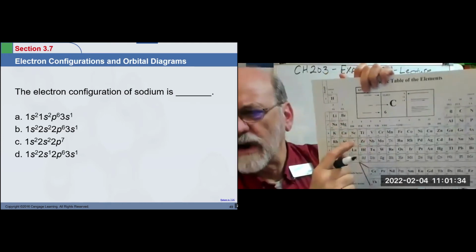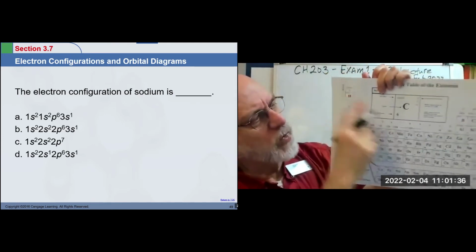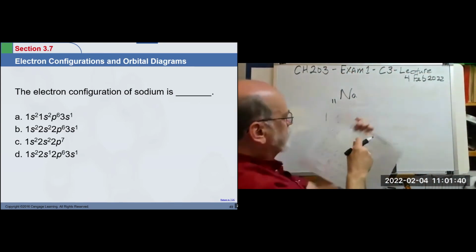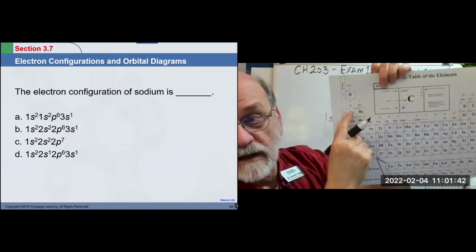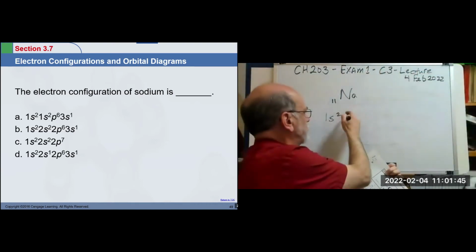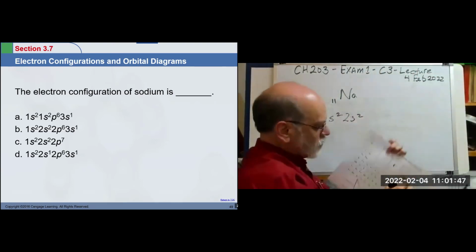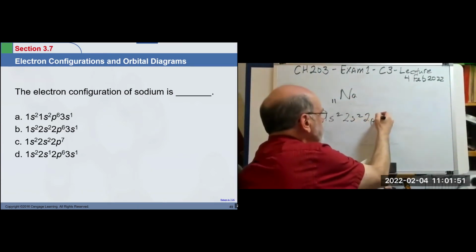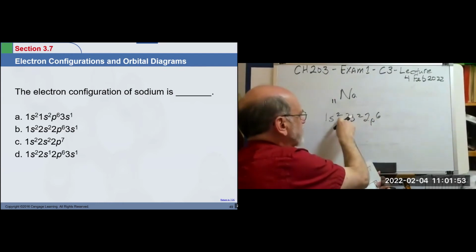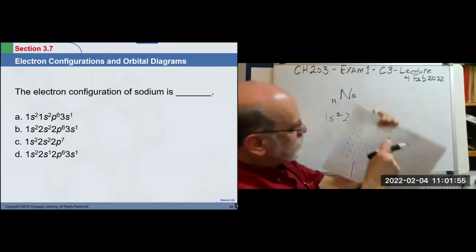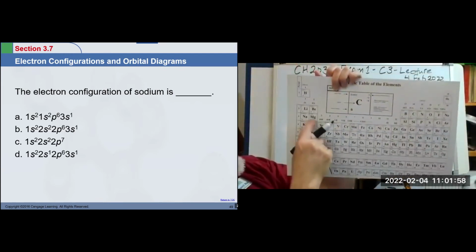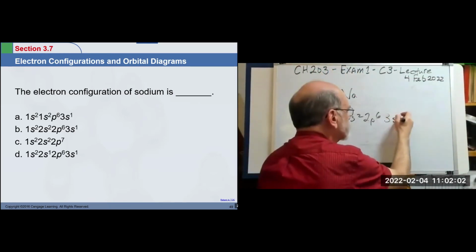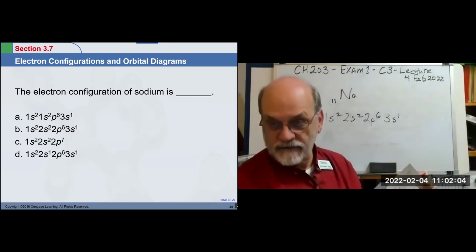We're going to do it the long way first. 1s1, 1s2. Then we go down to the second period, 2s2. Then we go across to the p's, 2p6, 6, 7, 8, 9, 10. And then we swing back around to the threes. And the first one we come to is 3s1. That's sodium.